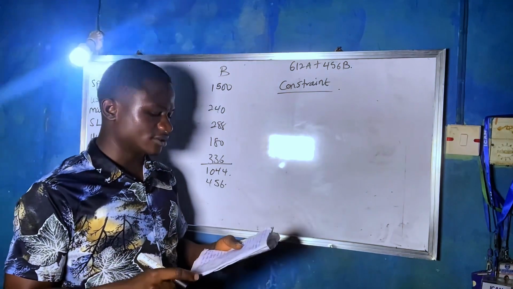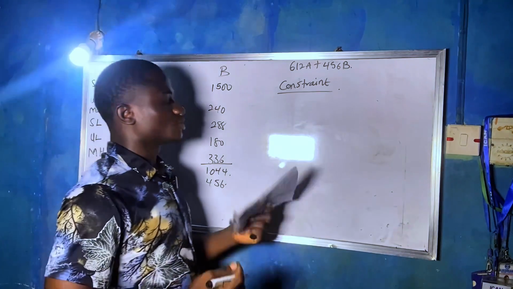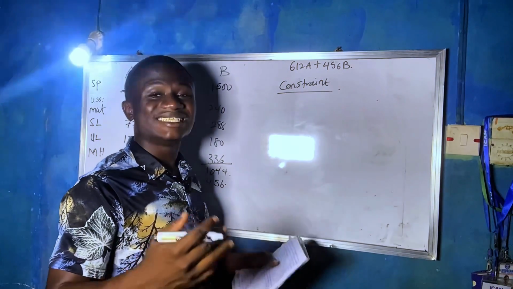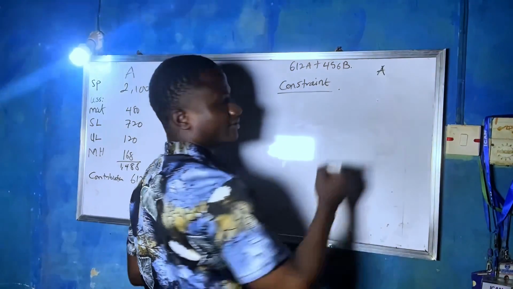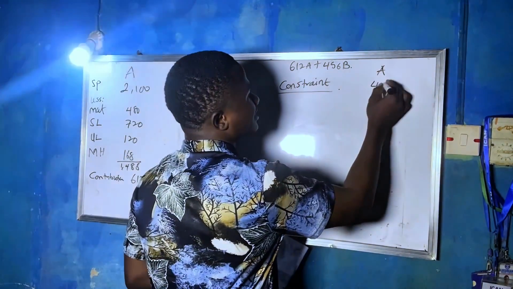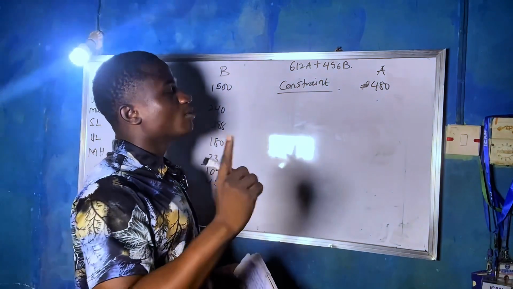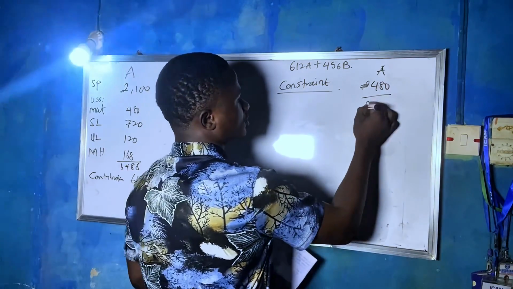Now they told us that material X from the question is 240 naira per kg, and 480 naira is being used for A. So to produce A, we need 480 naira worth of material X, and one kg of material X costs 240.